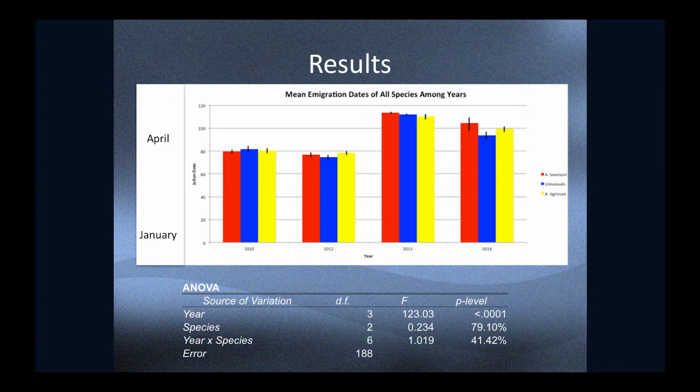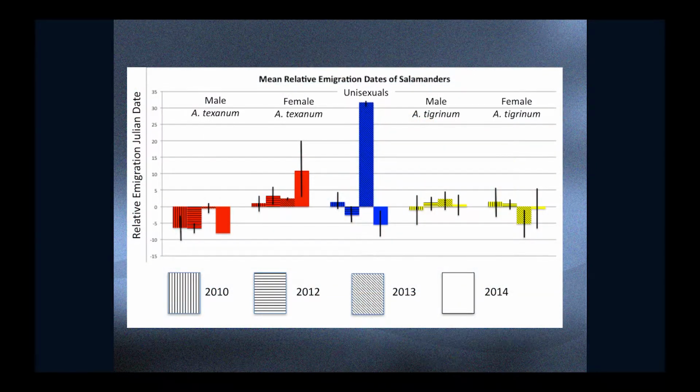Okay, so in each colored section, the far left is the year 2010, and then 2012, 2013, 2014, left to right. In 2010, we can see that the male Texanum on the far left arrive on average 5 days earlier than the rest of the population. And for the female Texanum, they arrive 5 days later than the average.